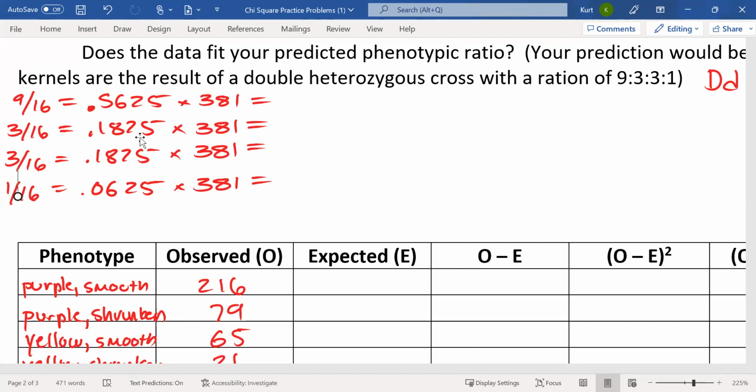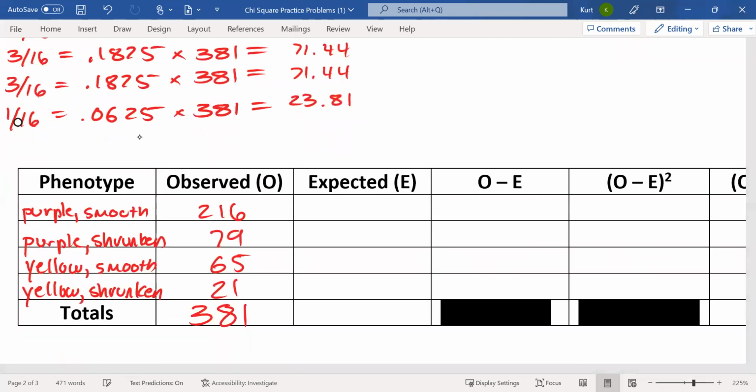This is basic algebra. What is 0.5625 times 381? 214.31. What is 0.1875 times 381? 71.44. Same one for the next. And what is 0.0625 times 381? 23.81. Great. So let's plug those into the table.